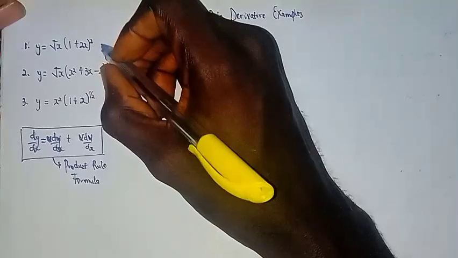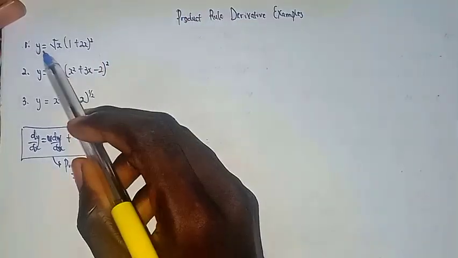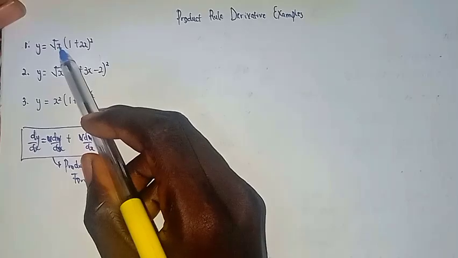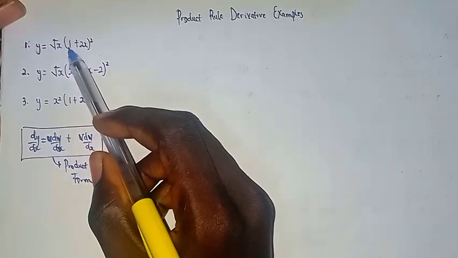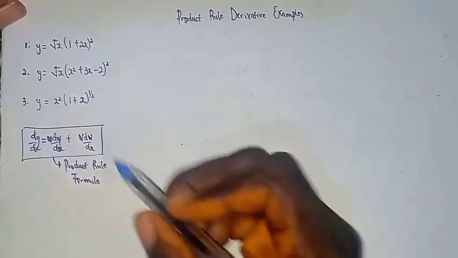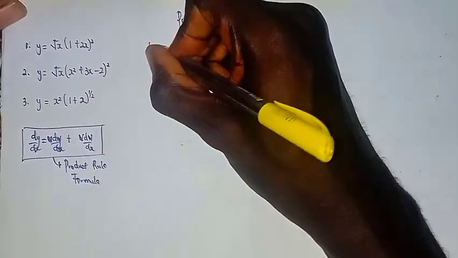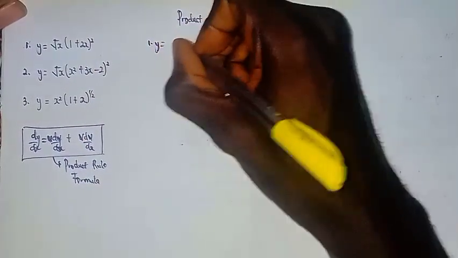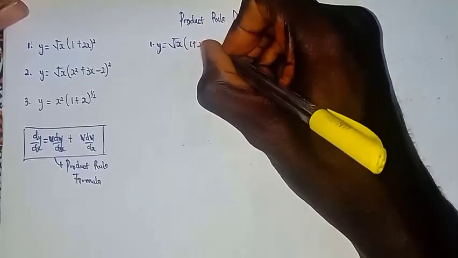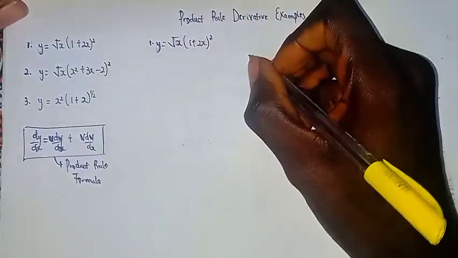So let's look at this first question. We have that y is equal to square root of x multiplied by (1 plus 2x) all squared. So y is equal to square root of x times (1 plus 2x) all squared.